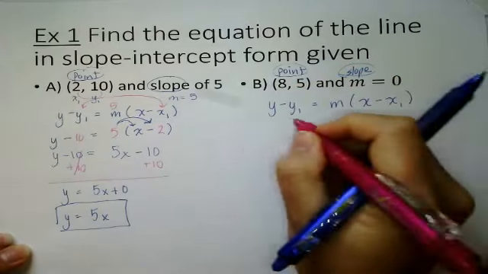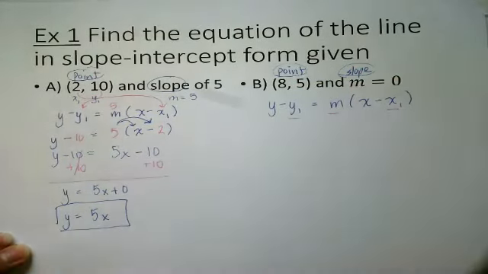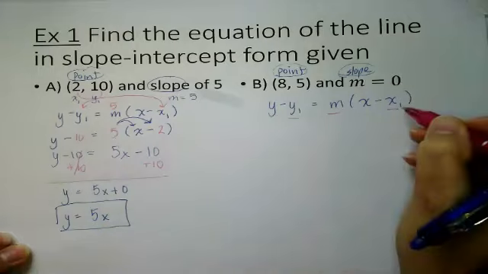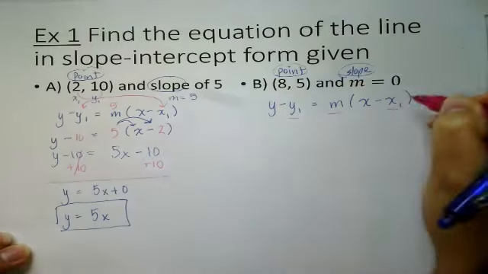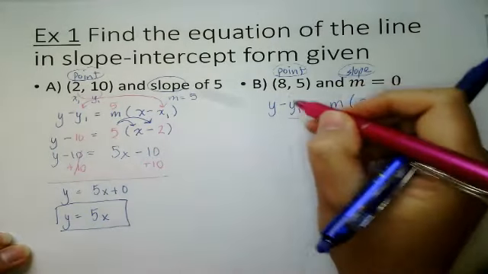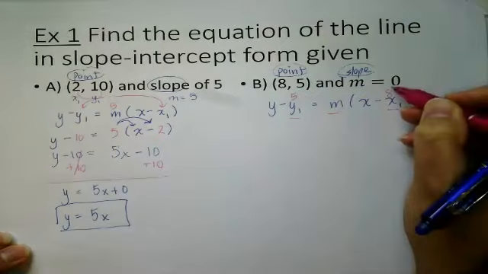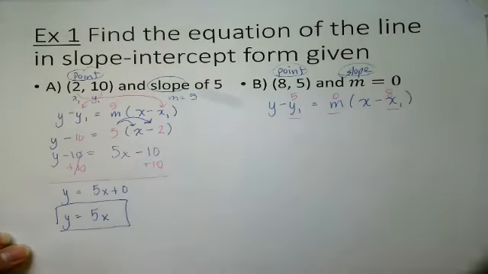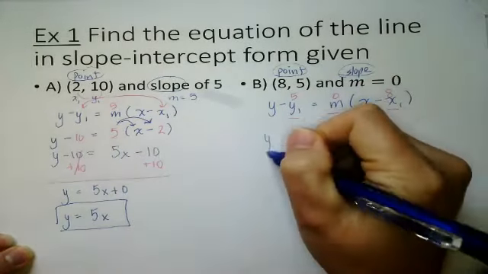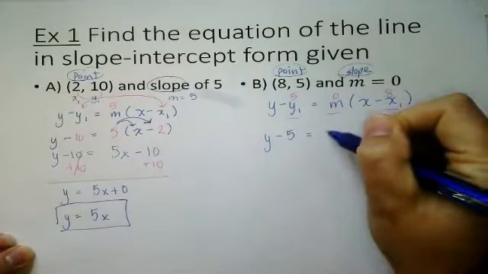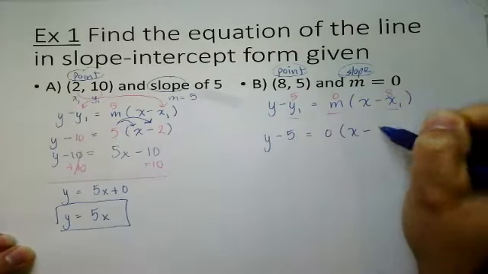And I'm going to go ahead and plug in my ordered pair. The x1 is 8. The y1 is 5. And in place of m, we're plugging in a 0. So I'm going to have y minus 5 equals 0 times the quantity x minus 8.